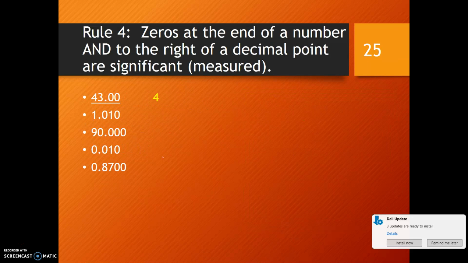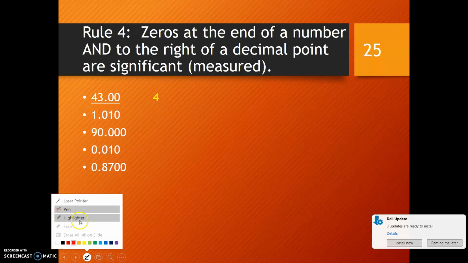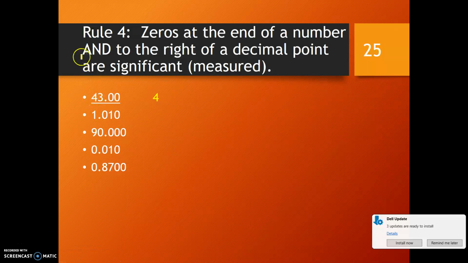All right, rule number 4, zeros at the end of a number, and here's the important term for this, and to the right of a decimal point are significant. So in the number 43.00, it's showing that that measurement was taken down to the hundredths place.